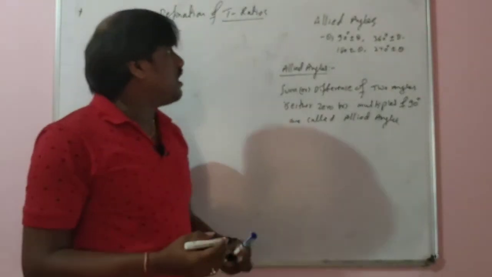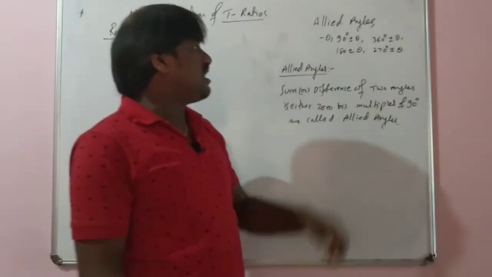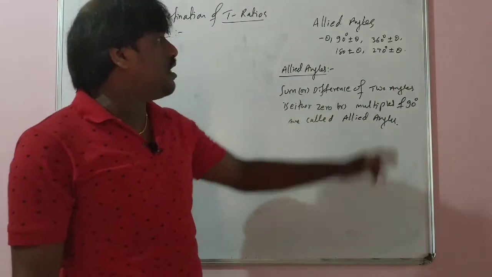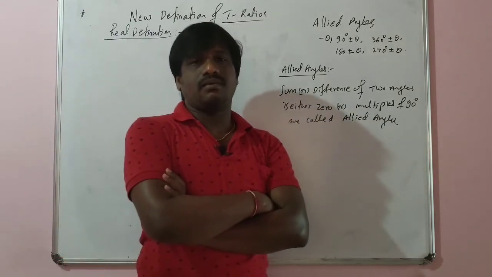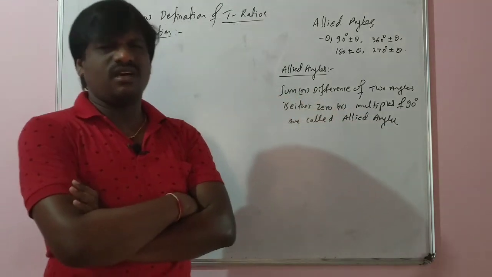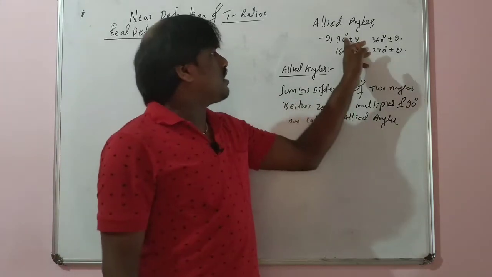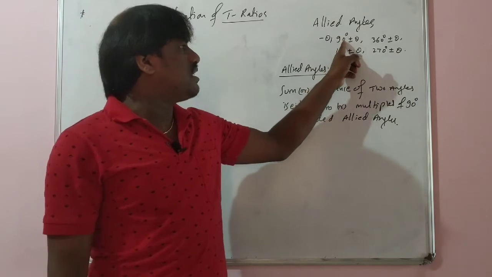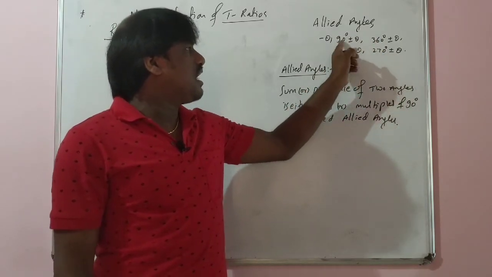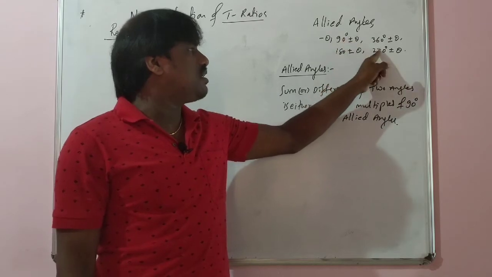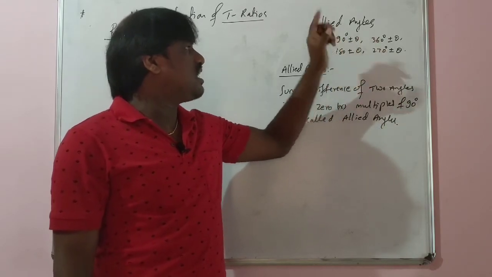Allied angles. What are the allied angles? Minus theta, plus theta, like 90 plus or minus theta, 360 plus or minus theta, 180 plus or minus theta, 270 plus or minus theta, 450 plus or minus theta. All these, like 450, is a multiple of 90, right? So 90 multiples: 90 into 2 is 180, 90 into 3 is 270, 90 into 4 is 360.